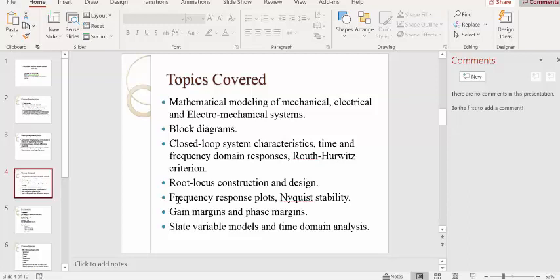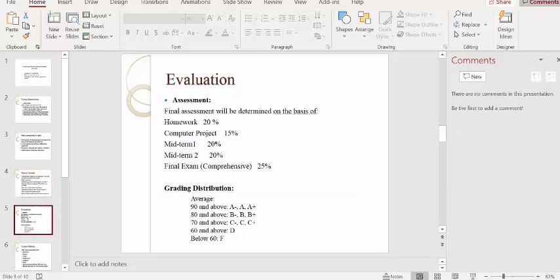The first one is mathematical modeling of mechanical and electrical systems, block diagrams, closed-loop system characteristics, time and frequency response, Routh's criterion, root locus construction design, and the other three. I don't want to repeat every one, but you can check this. I'll talk about each topic in this course.